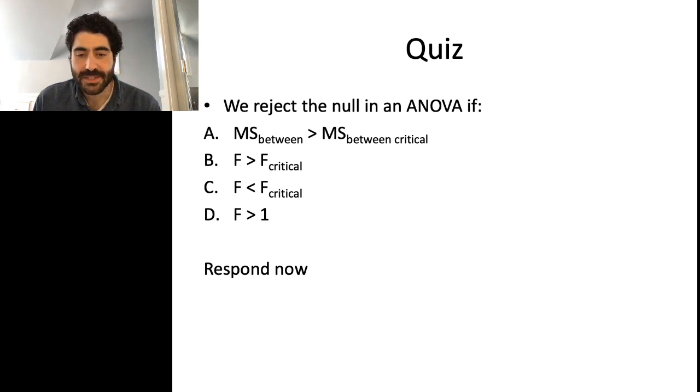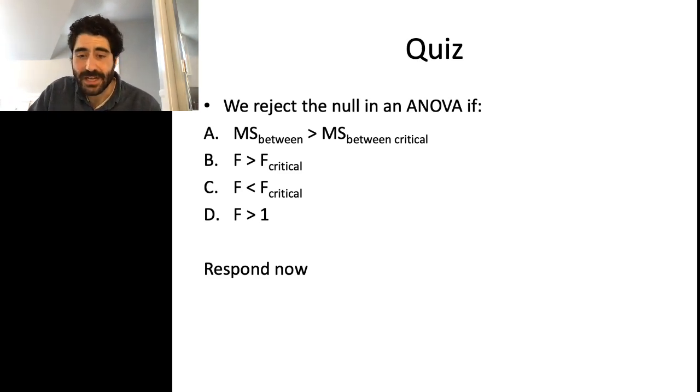Okay, so the correct answer is B here, right? We're going to compute some critical F value from our distribution. D is close, right? The null hypothesis here is that F is going to be about equal to 1, but being just a little bit more than 1 might not be impressive.